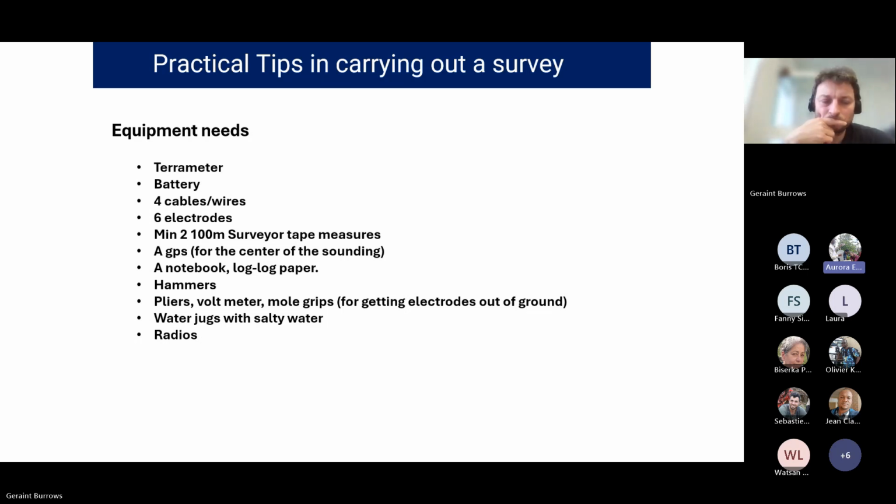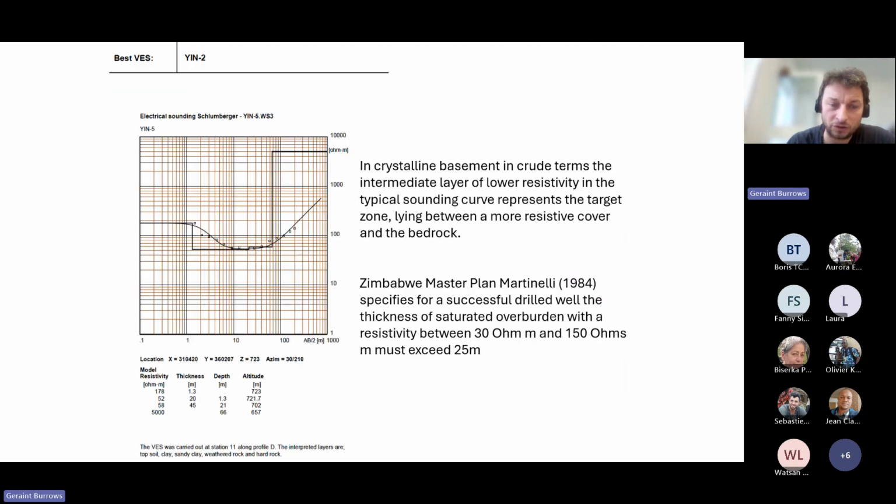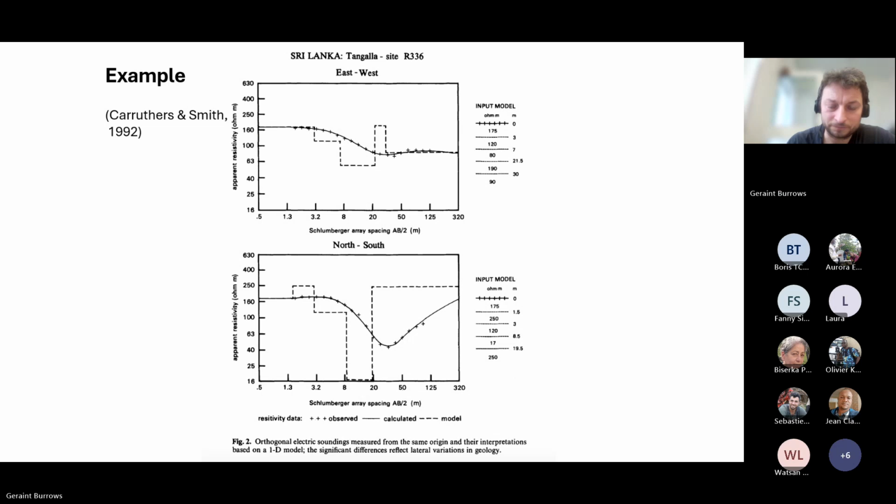But I was especially surprised with the orthogonal one, because the profile it gives is very different. This study that does the comparison between the orthogonal directions. This one.